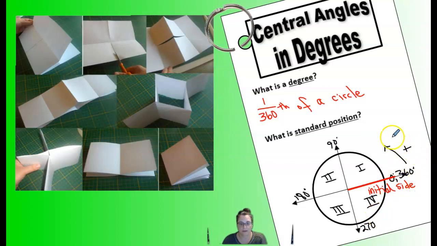Okay, then going in the positive direction, which is counterclockwise, I would pass through 90 degrees, 180 degrees. Let's say that I come out here to about 200 degrees. Then that ray in my 3rd quadrant, that is called the terminal side. And it's the terminal side of the angle that determines its measure.